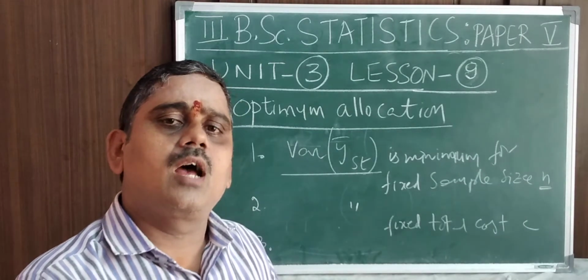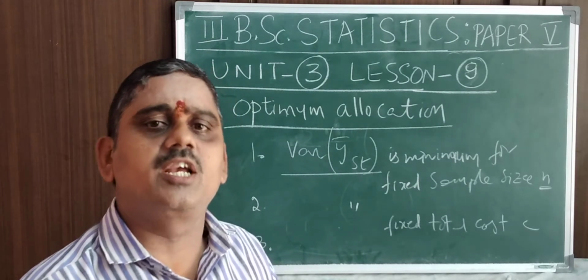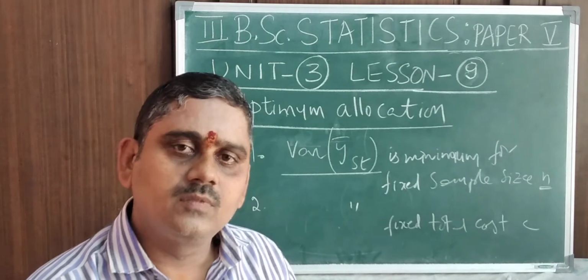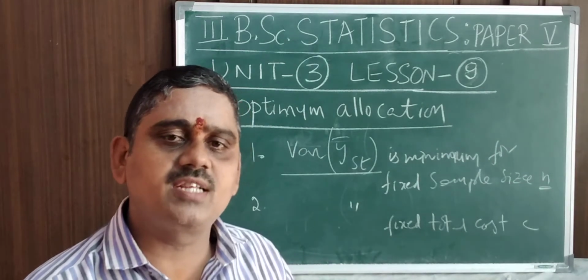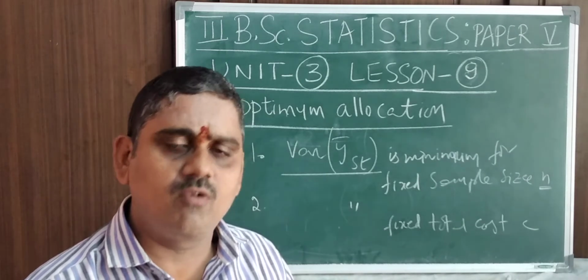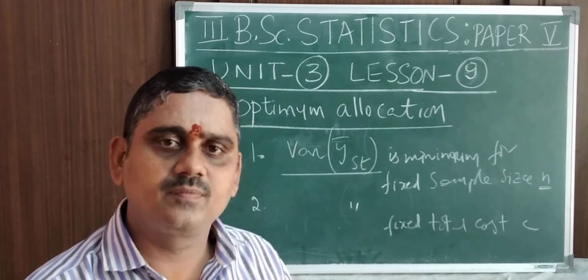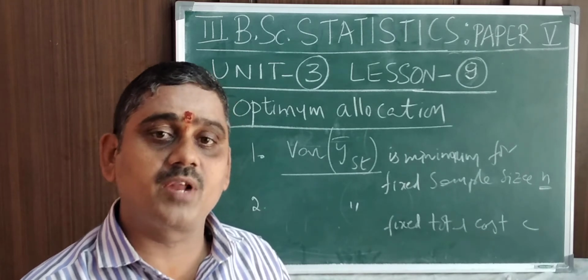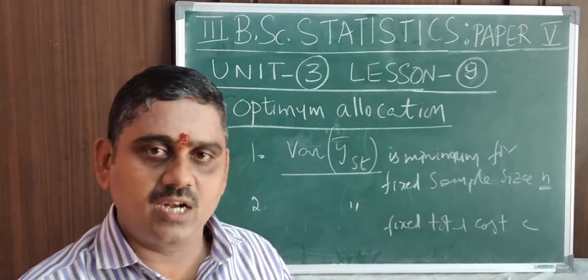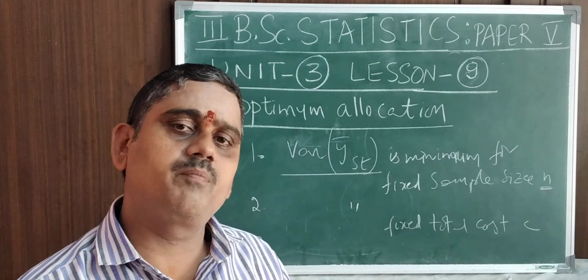Precision, as I explained in some previous classes, is the reciprocal of the variance. If variance decreases, precision increases, and efficiency increases.